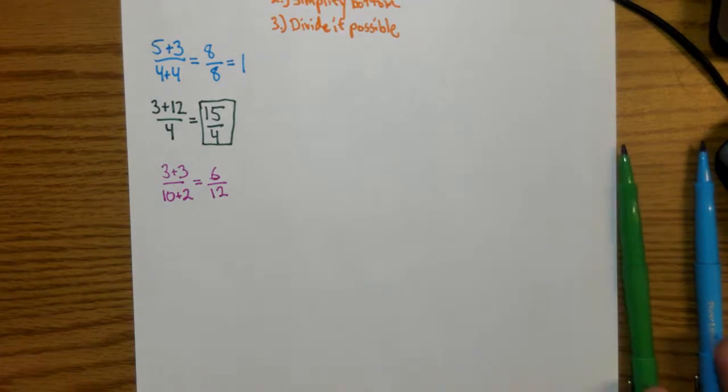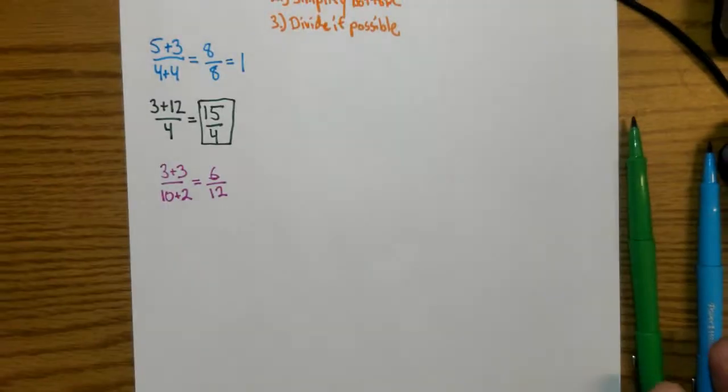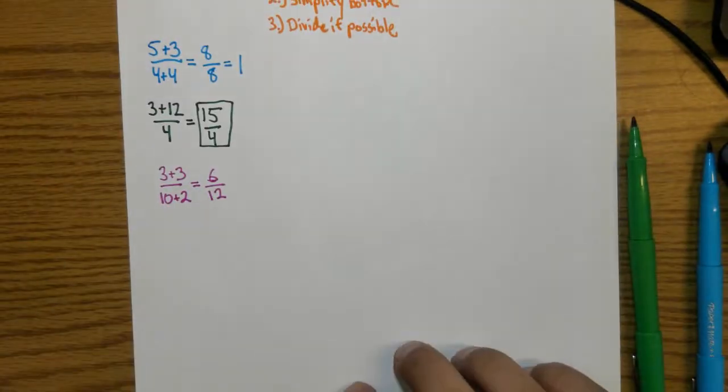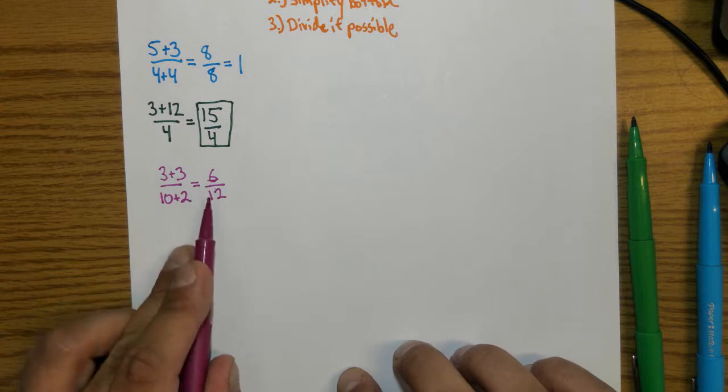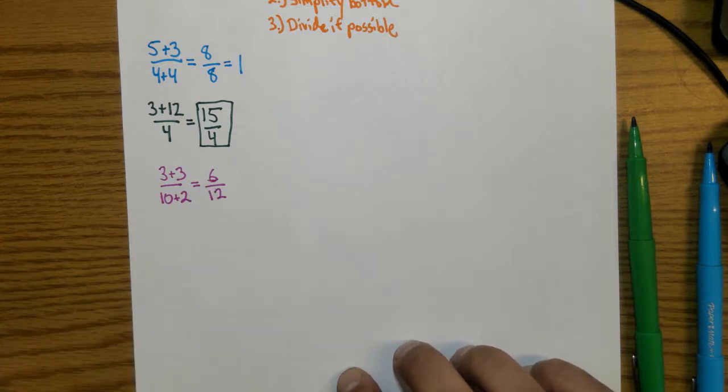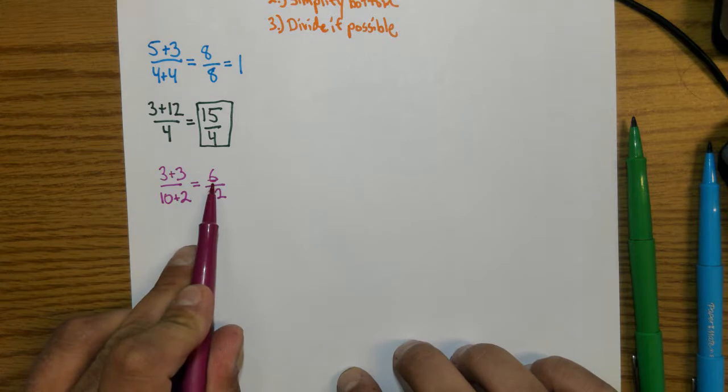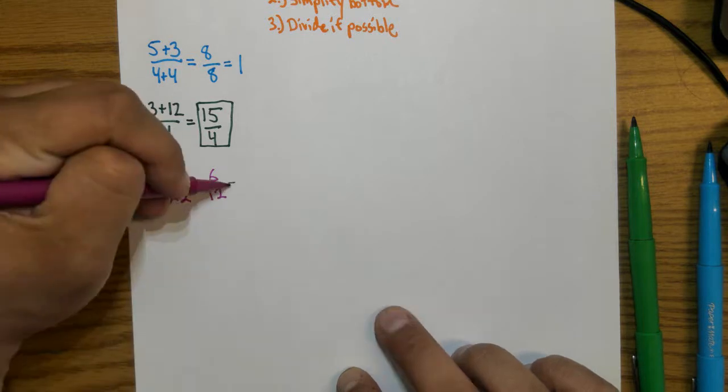So what I ask myself is, what number can go into both 6 and 12 through multiplication? And we want to pick the largest number. In this case, the largest number is 6. 6 goes into 6, 6 goes into 12. So we divide the top by 6. 6 divided by 6 is just 1.